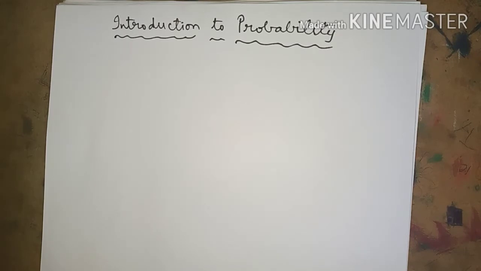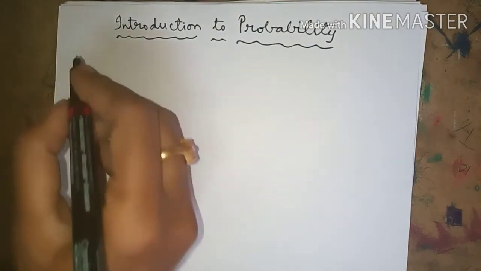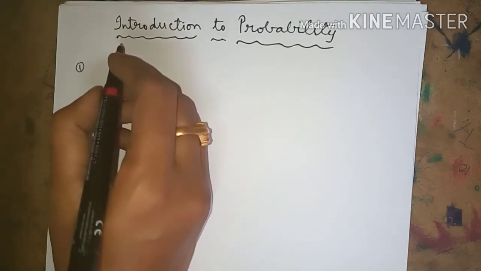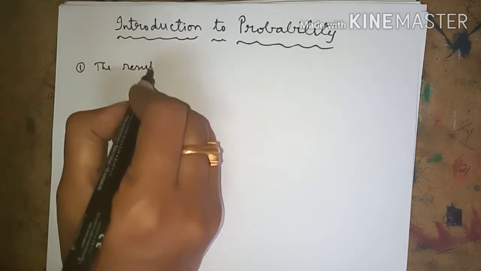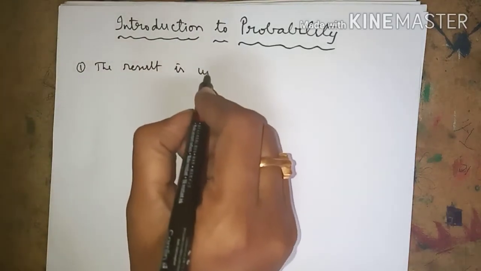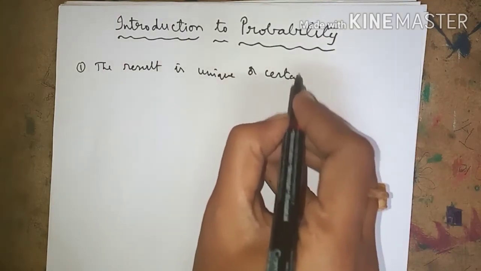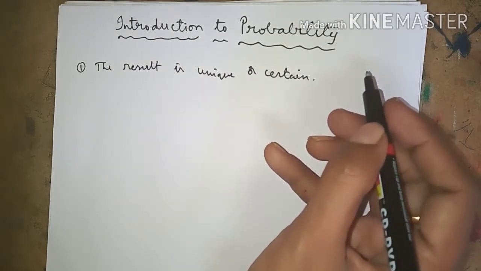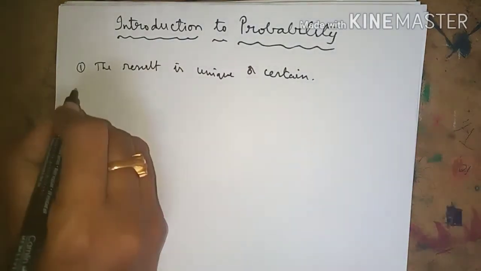What are the two things? If you do one experiment under essentially identical conditions, we can observe that the result is unique or certain. Definitely if you do this experiment, you will get such a result. Before itself, the answer or the solution you can predict. That is the first case.